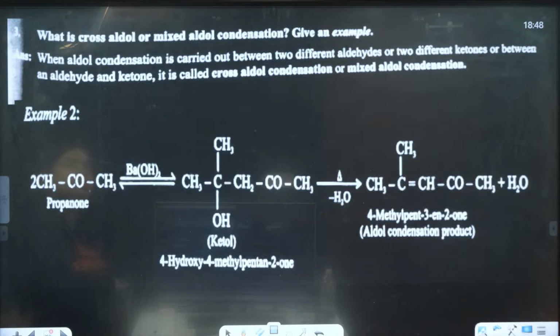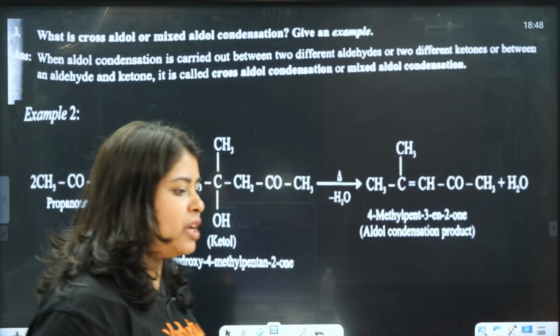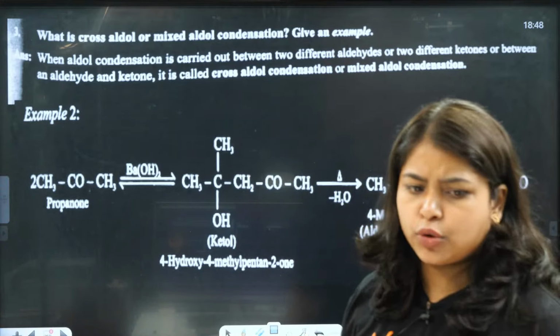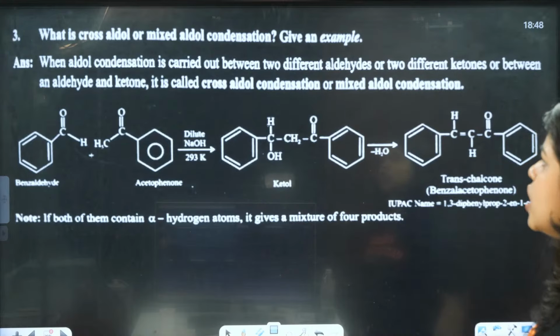Next question, what is a cross aldol? Same as that, just the cross aldol formation. Here we can take an aldehyde or a ketone. What is a cross aldol or mixed aldol condensation? Give an example.